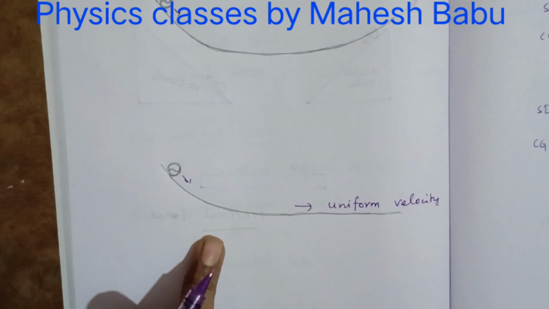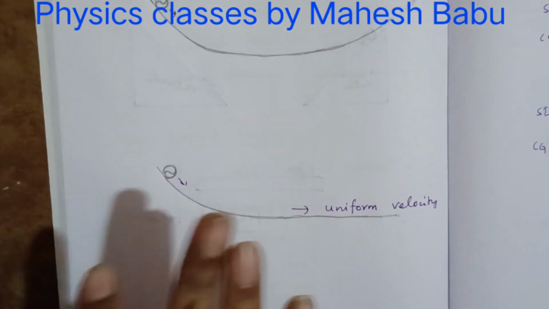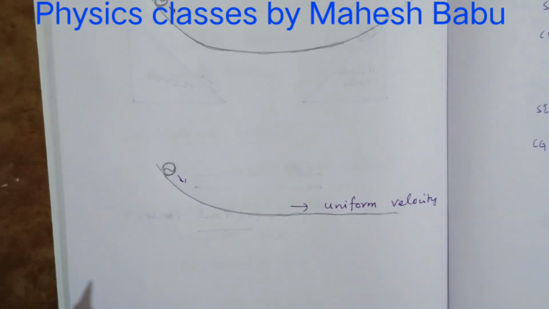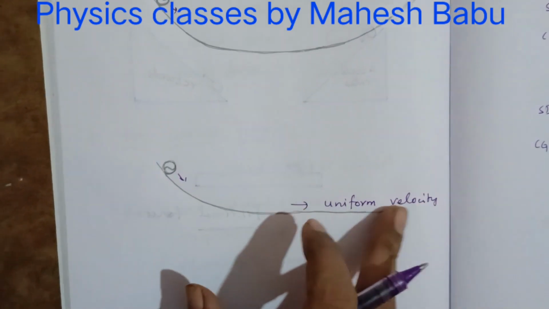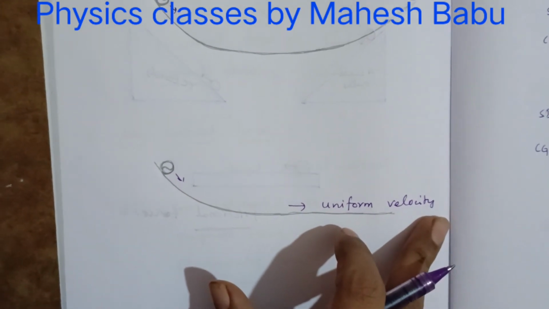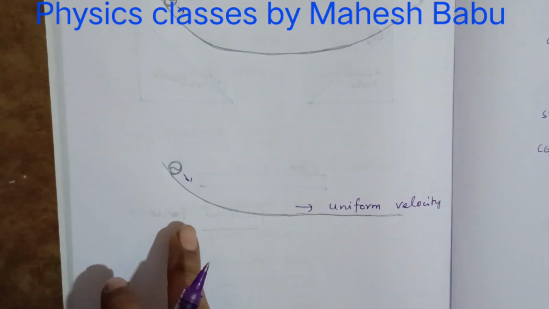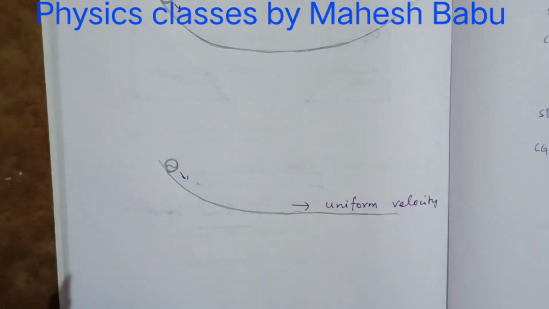Again, we can conclude that to move the body with uniform velocity, we need not apply any external force. If the frictional force, an external force, acts on it, it comes to rest. If we completely eliminate the frictional force, it won't come to rest; it travels with uniform velocity.